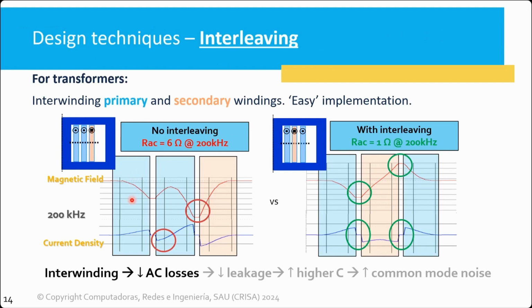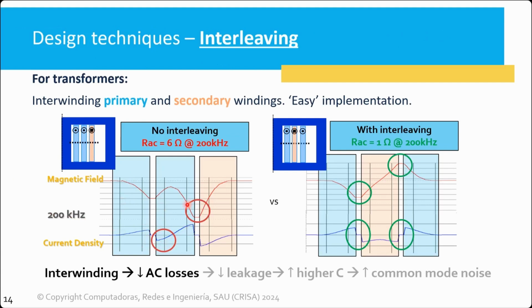If we don't do anything, what happens at high frequency is that the current density of adjacent conductors with the same direction becomes even negative. It goes in the opposite direction from what we want. As a consequence, we have higher losses in this conductor.